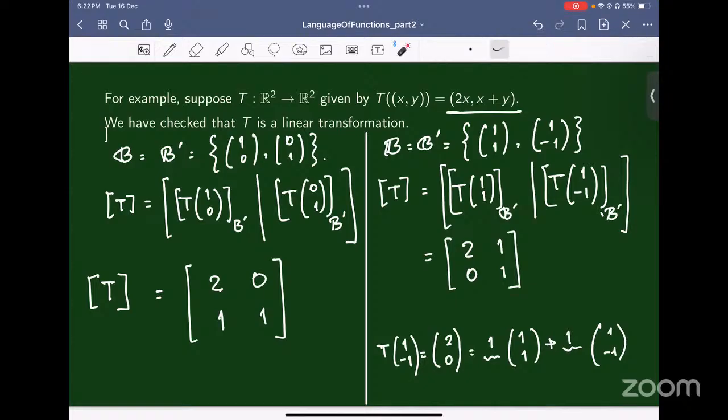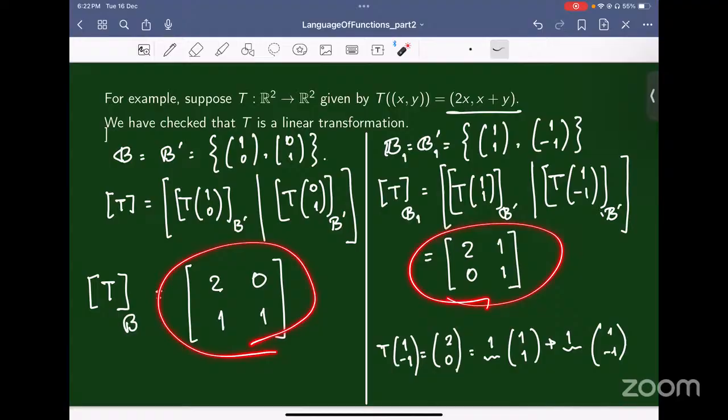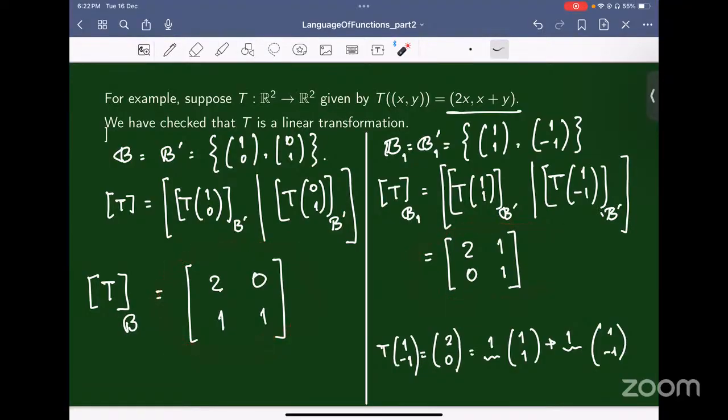So the matrix representation of T in this new basis, let me call it B1, is different from the matrix representation of T in the basis B that we had earlier. These two matrices don't look the same. However, they will have the same determinant, the same eigenvalues, and some more intrinsic properties remain the same. These two matrices will be similar.